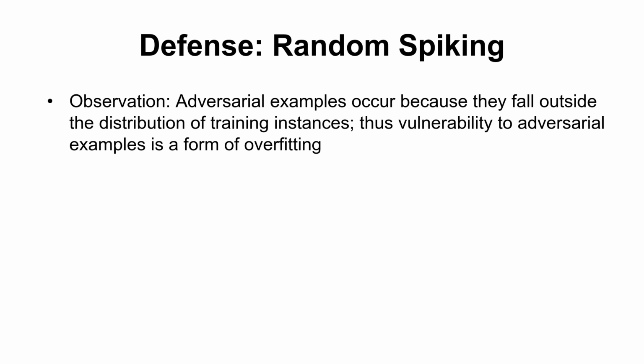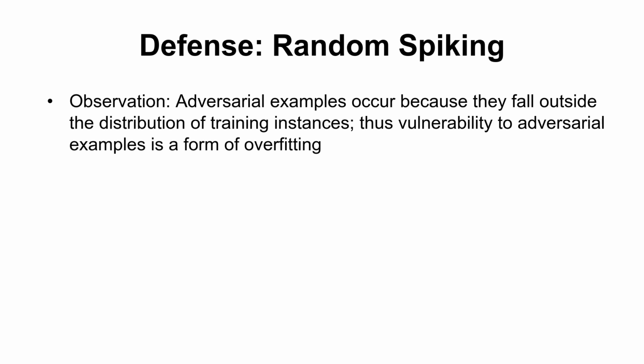Adversary examples occur because they fall outside the distribution of training instances. This vulnerability to adversary examples is a form of overfitting. An adversary can generate an adversary example on a white box model.